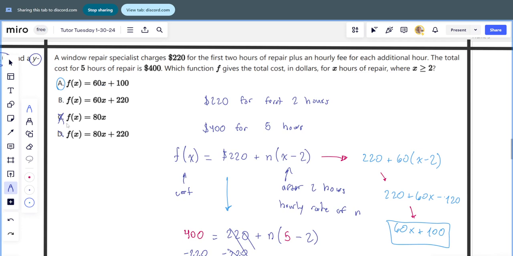Then when you consider that when x is equal to 2, the function has to equal 220, you can substitute that into this solution and find f of 2 is equal to 60 times 2 plus 100. So f of 2 is definitely equal to 220 like we expect. That's not going to be true for answer choice B, however.